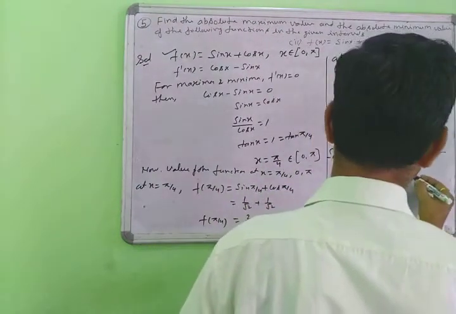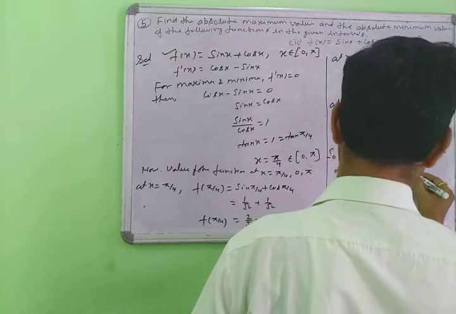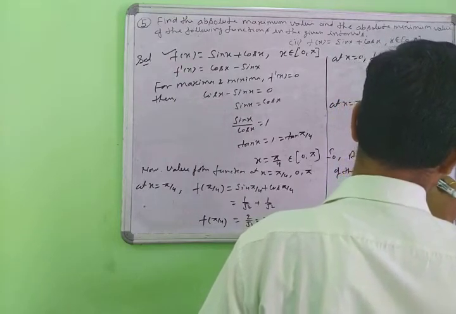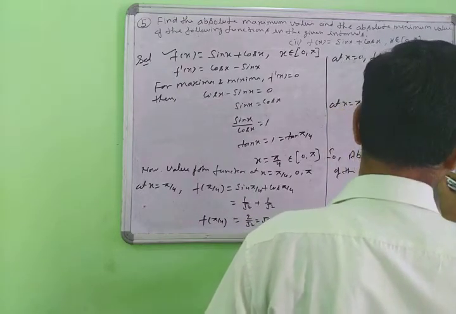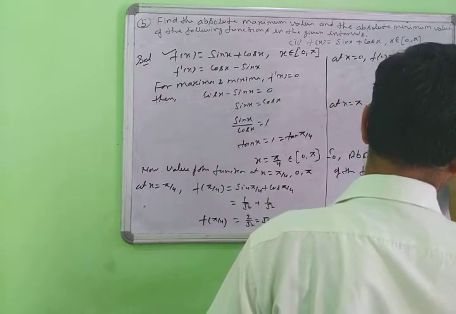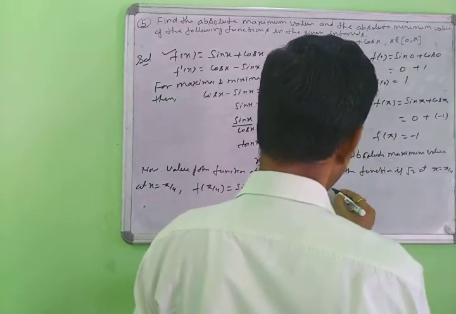The absolute maximum value is root 2, at x equal to pi by 4.